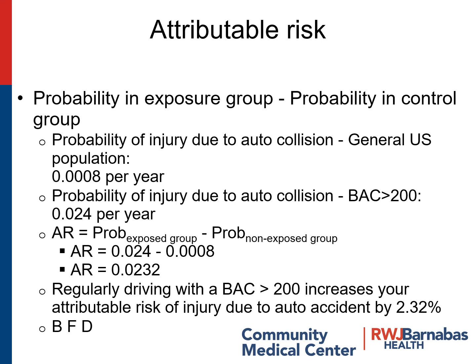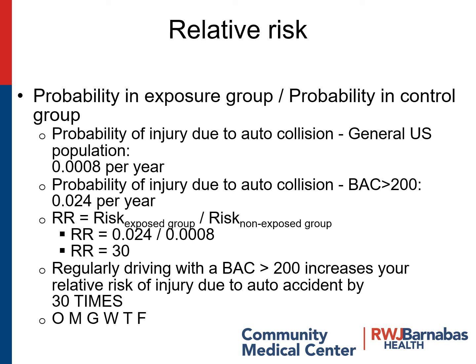Let's compare that to relative risk. Same inputs, the same data, but now we're taking 0.024 and dividing it by 0.0008. And now you get a relative risk of 30. So with the same data, regularly driving with a blood alcohol concentration greater than 200 increases your relative risk of injury due to auto accident by 30 times.